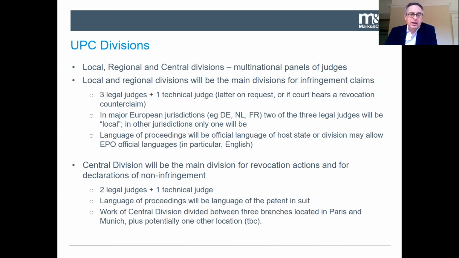Another possibility is that the work that would have gone to London will just be split between Paris and Munich. So that is ultimately going to be a political decision for the participating countries, and that is something which I assume is going to be determined during this provisional period that we're currently in, and certainly before the start of the sunrise period. It would seem very strange indeed if it went further without that question having been resolved.